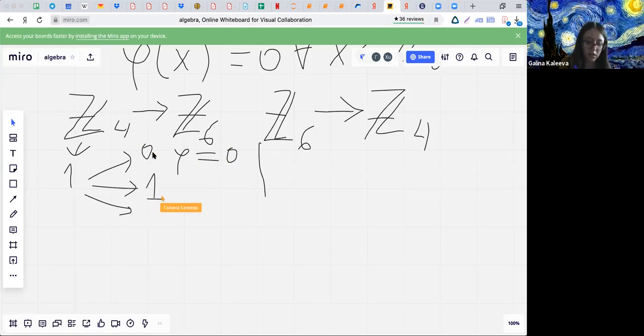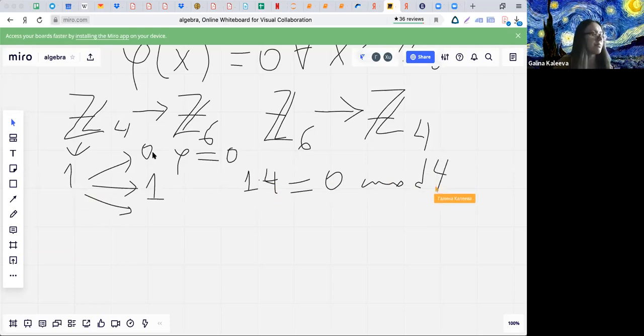So if we add 4 ones in our Z4, we'll have 0. Yes? So 1 times 4 equals 0.